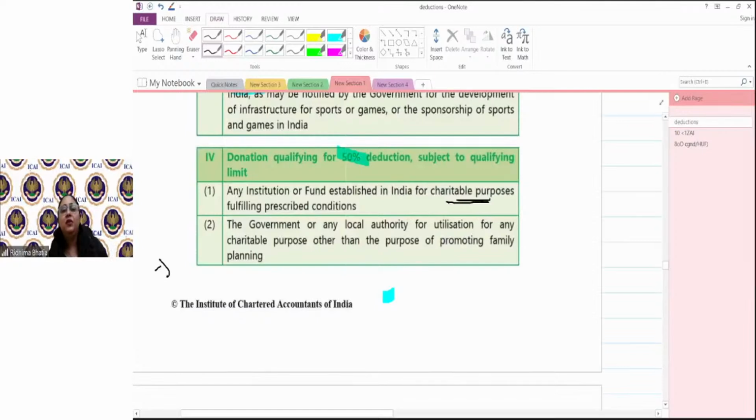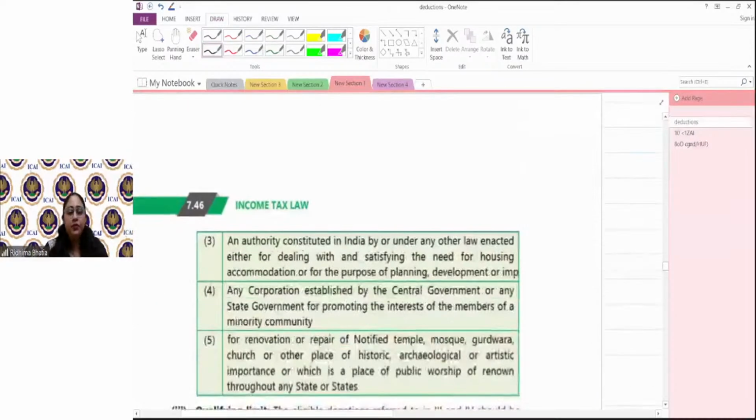It can be any government or local authority utilization for charitable purpose other than family planning. Either it is an institution fund or a government body for charitable purpose, or any institute for housing development, or any government promoting body for minority communities, for renovation and repairs of notified temples, archaeological places or any public places, it is for all of those.